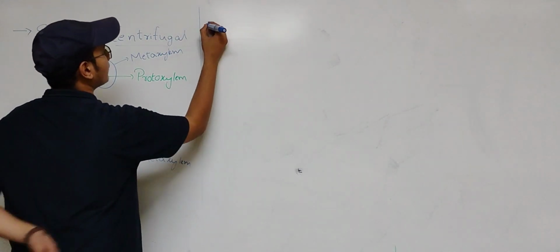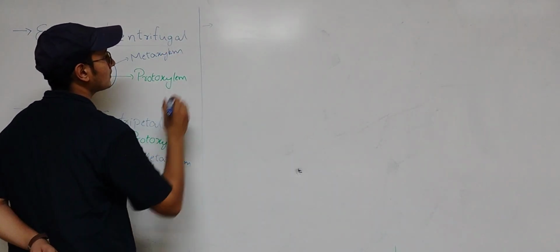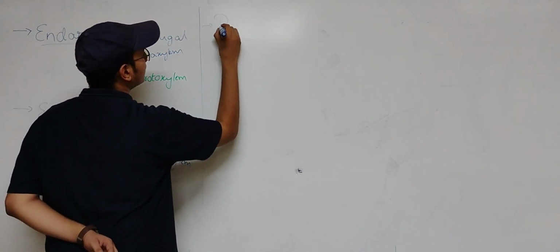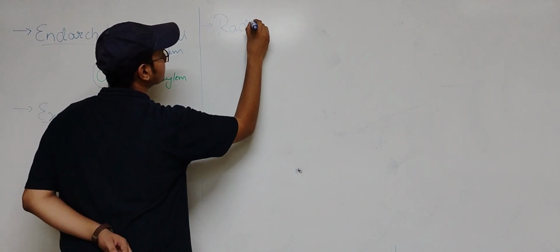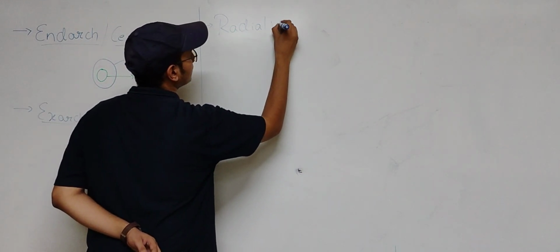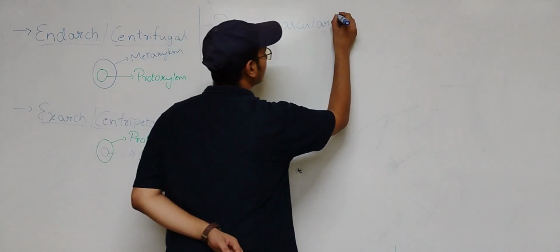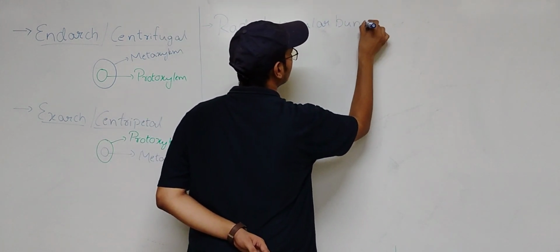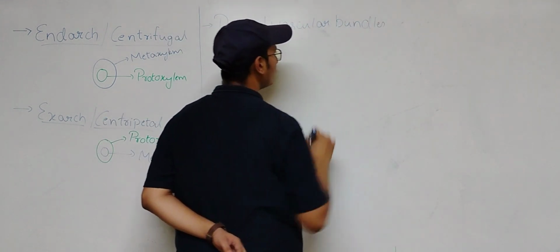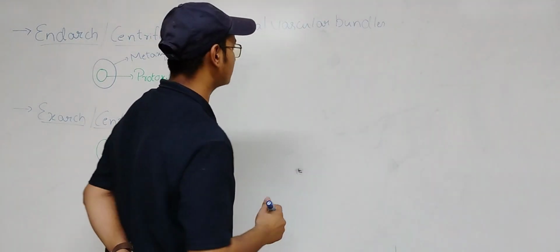And we have radial vascular bundles. So xylem and phloem together are known as vascular bundles.